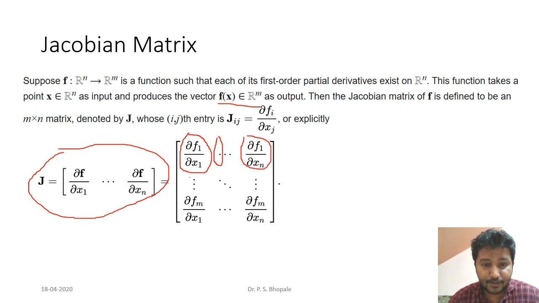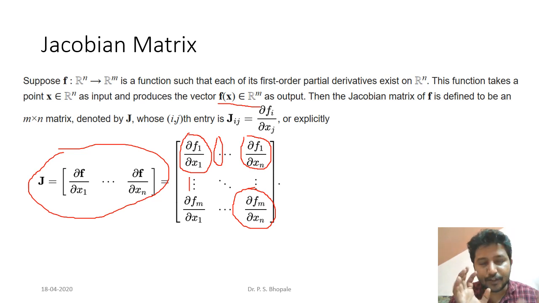And again, the other rows and remaining rows can be calculated, and the last term is the partial derivative of the mth function with respect to the nth vector term. So this Jacobian matrix is an m cross n matrix when the function is a mapping of an n dimensional input to an m dimensional output.